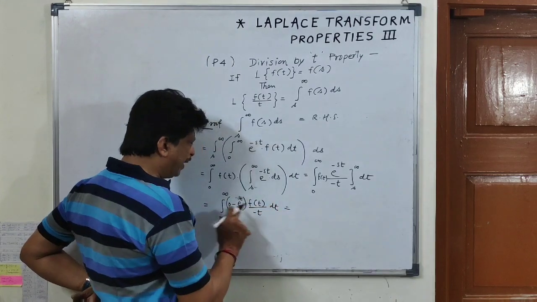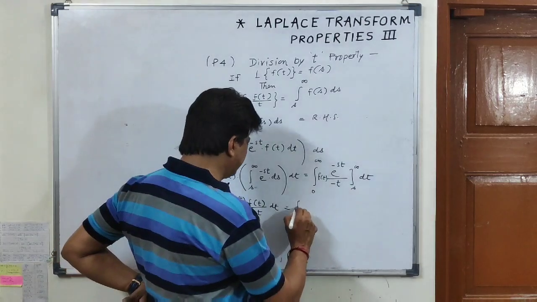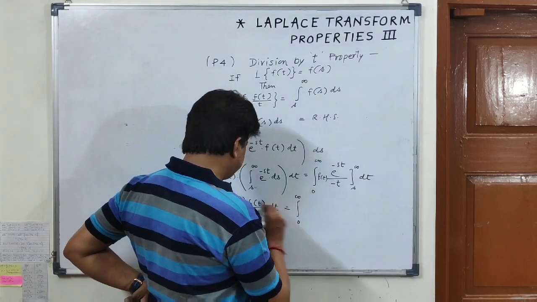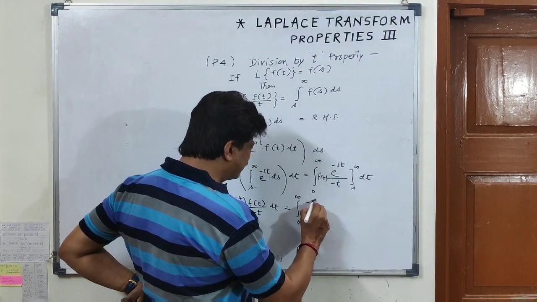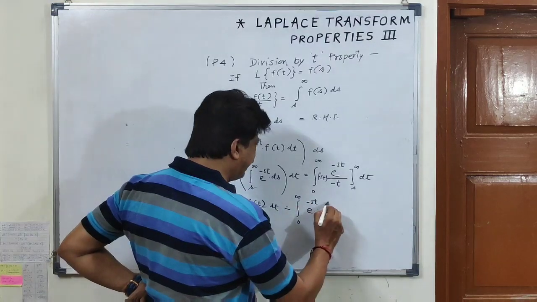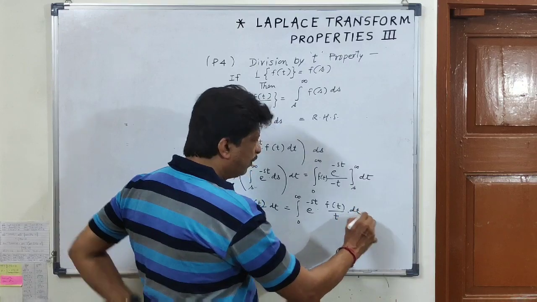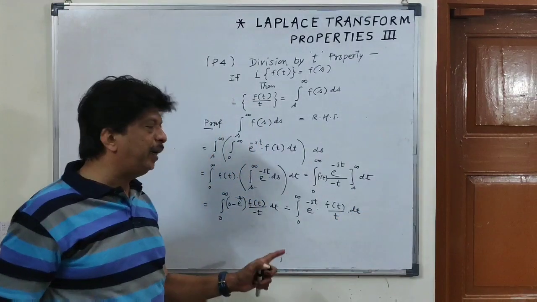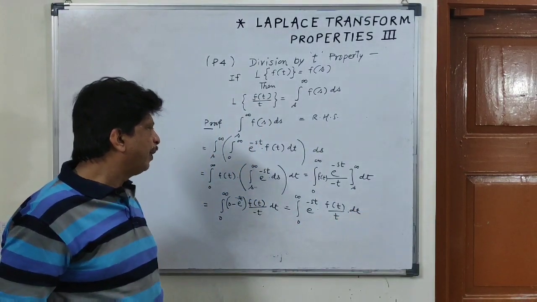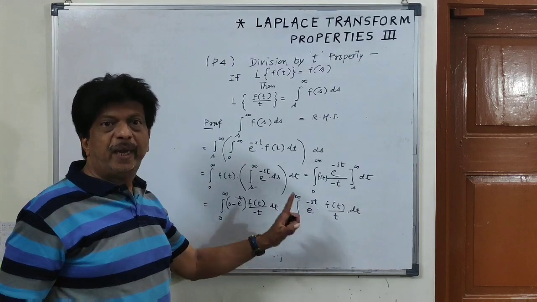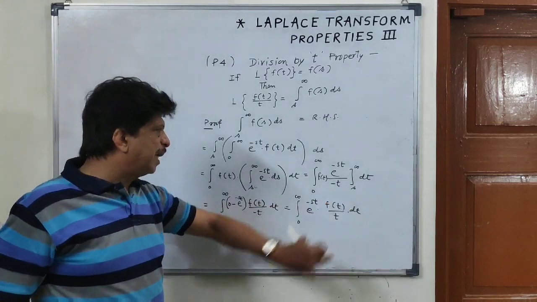Minus minus will become plus, so it is equal to integral 0 to infinity e raised to power minus st into f of t by t. And again by the fundamental definition, this is nothing but the Laplace transform of f of t by t.